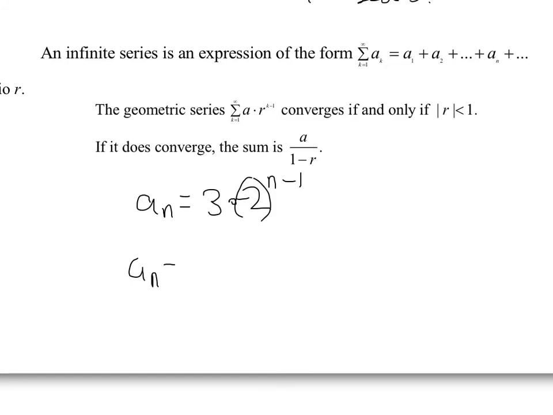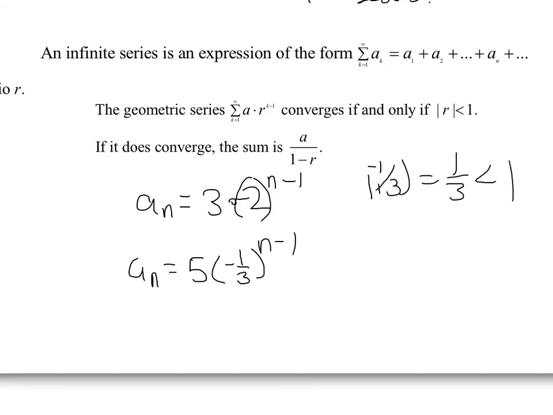You do this. The absolute value of negative 1/3 is 1/3, which is less than 1. So you can find the infinite sum of that one. So let's look at some examples of this.